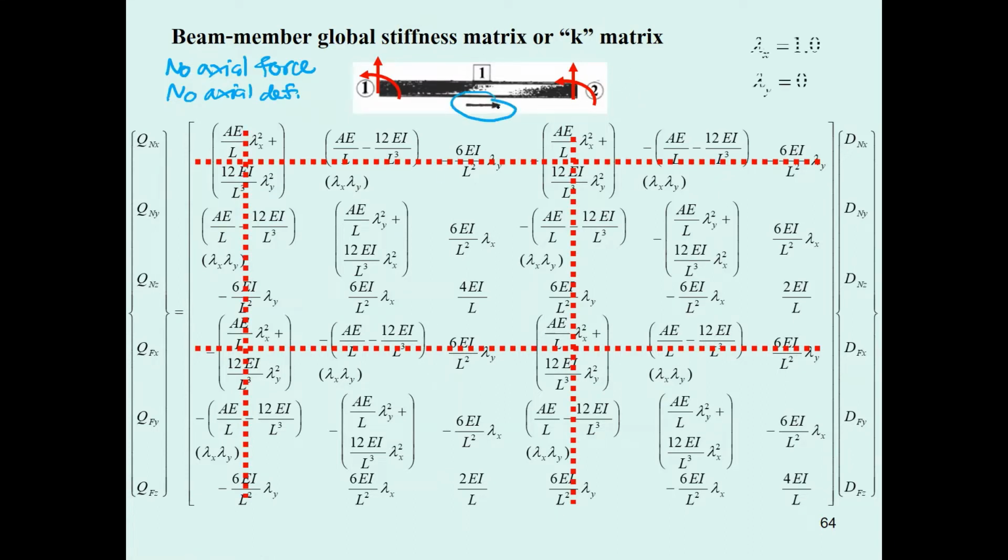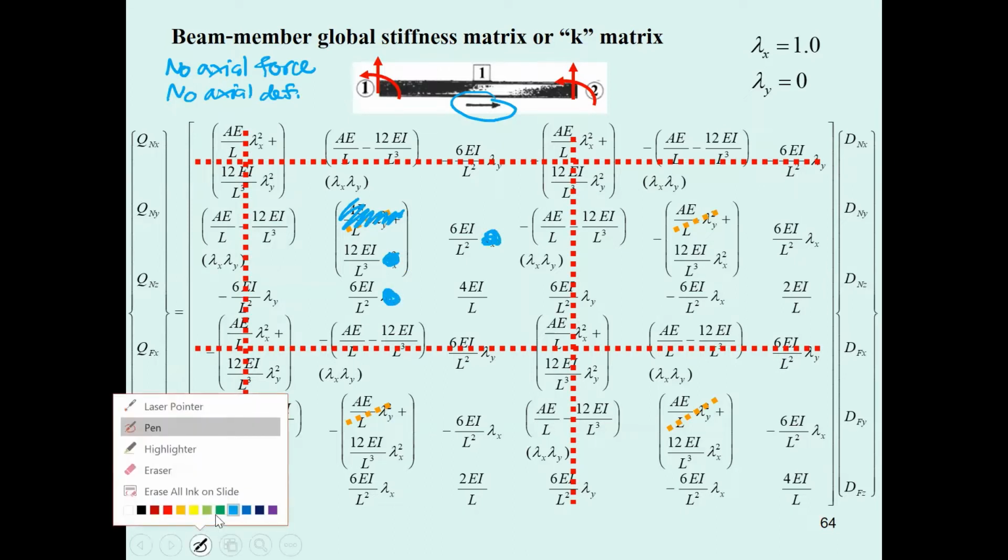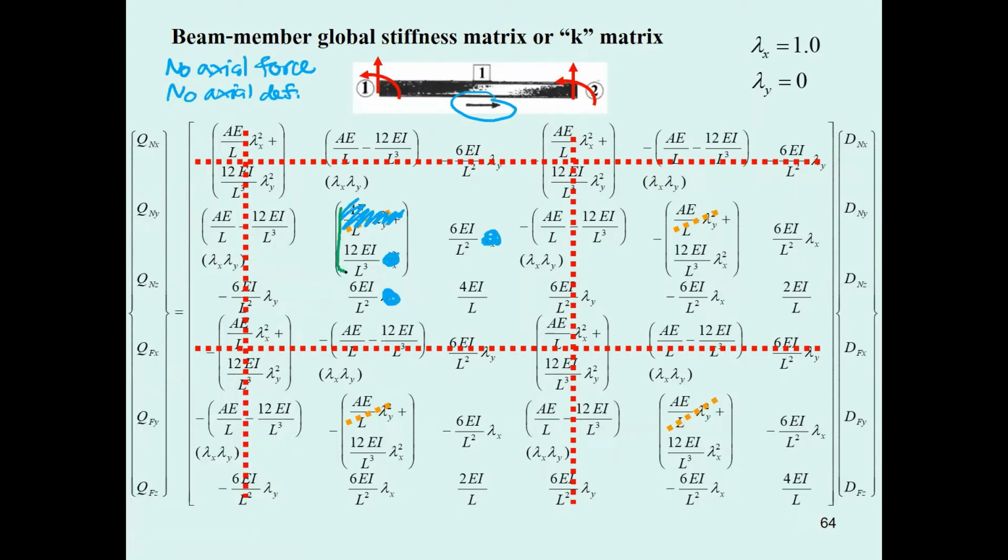The lambda sub y is 1, lambda sub x is 1, lambda sub y is 0. So this term is just gone. This is just 1. Okay, this is just 1. This is just 1. What I'm saying is this is going to be the green.